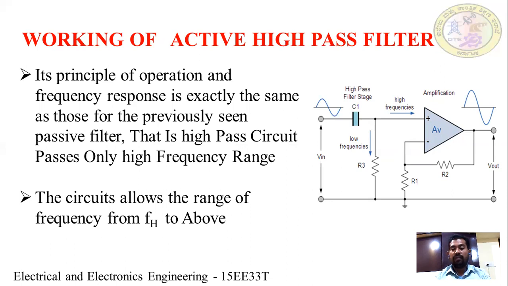Again, the amplification is done through a non-inverting amplifier, of high frequency range, by connecting the resistors R1 and R2 to the amplifier, which makes the circuit give the purest amplification. The circuit allows the range of frequencies from FH and above. The FH means the frequency of the high pass filter.